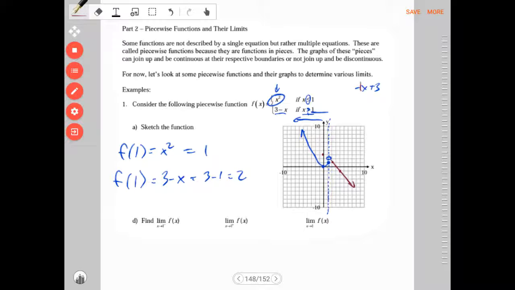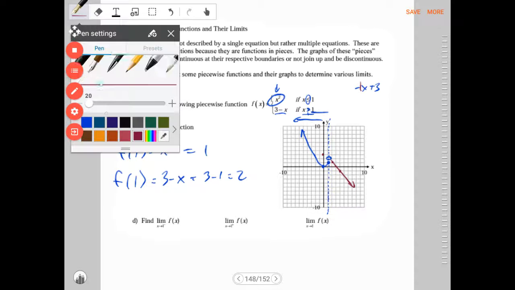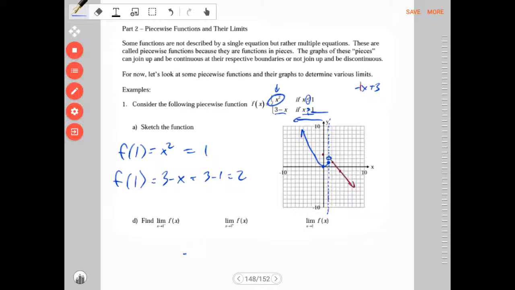So that's your very first piecewise function. That's kind of neat. We draw the whole graph, and then we have a look at what they're asking. The limit as x approaches 1 from the left was just 1.